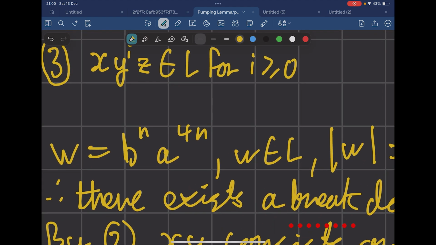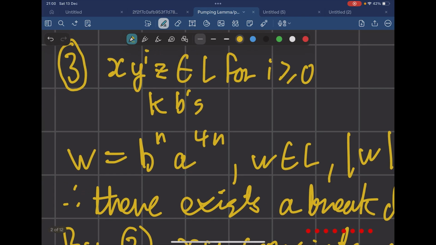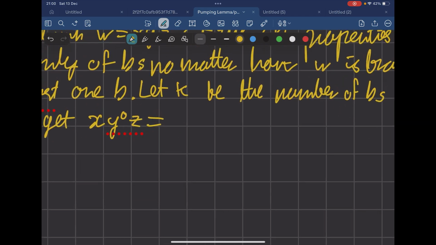Before we had n b's, but we pumped down the string, so we removed y. y had k b's, and so by pumping down, we have removed k b's from the start. So if we had n before, we now have n minus k. So we have n minus k b's, and we still have 4n a's, right?